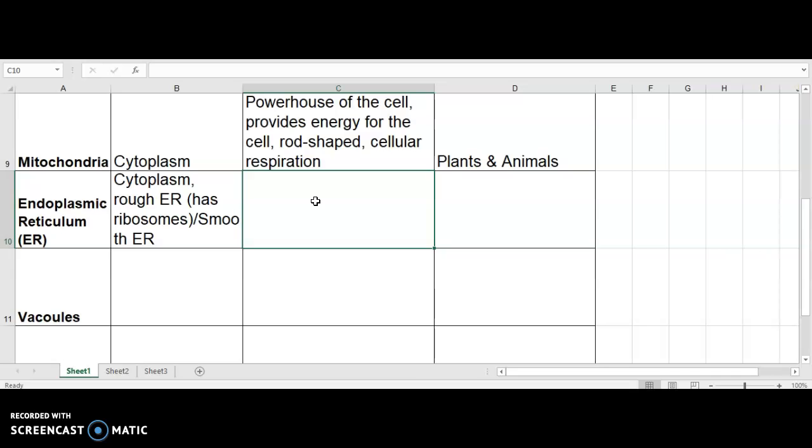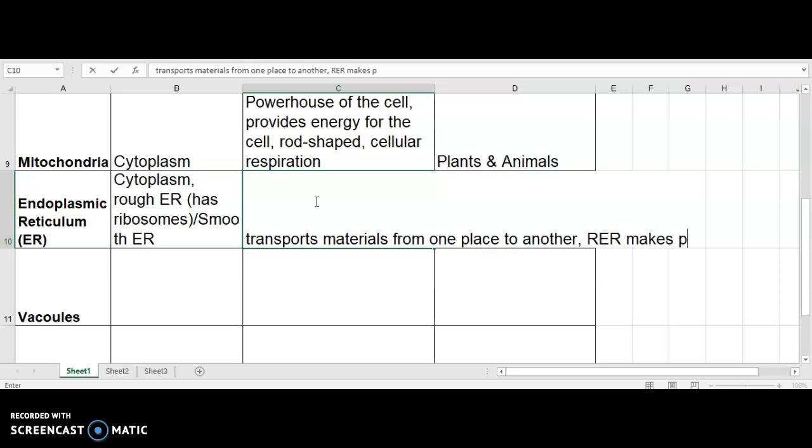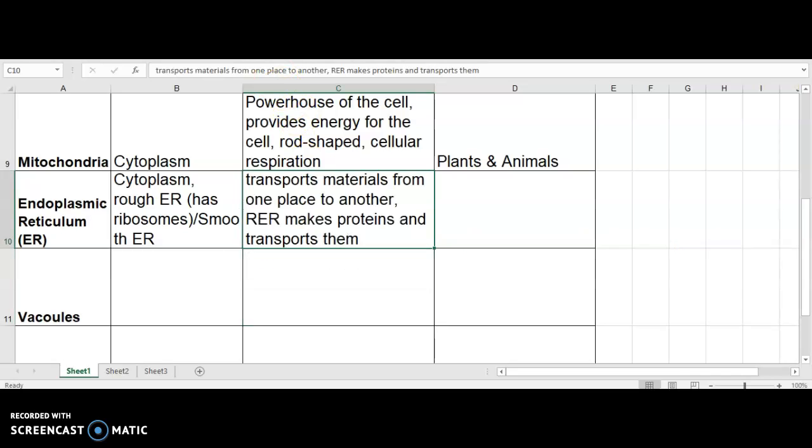So the ER transports materials from one place to another. And specifically the rough ER, so I'm going to say RER, the rough ER, makes proteins and transports them. And it's able to make proteins because of those ribosomes that are on the surface. Okay. Endoplasmic reticulum is found in both plants and animals.